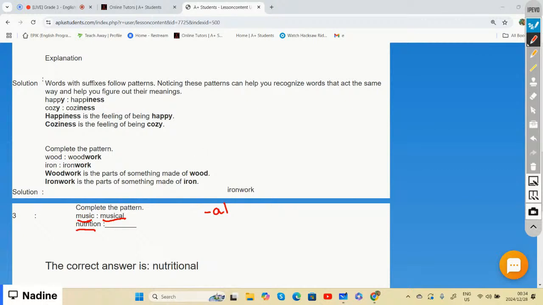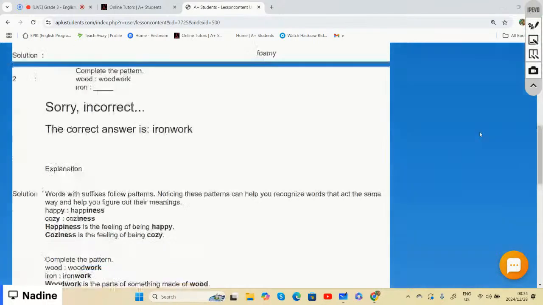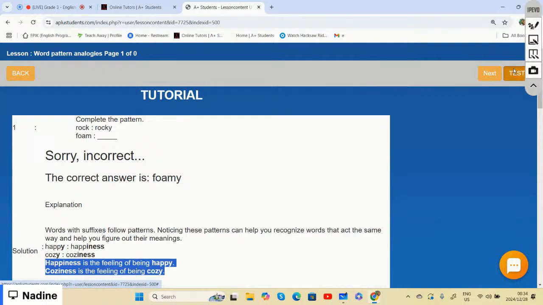Yes, well done. So if there's anything to do with nutrition and you're following a diet, then we can say it is nutritional. Well done. All right, so now we're going on to our test.